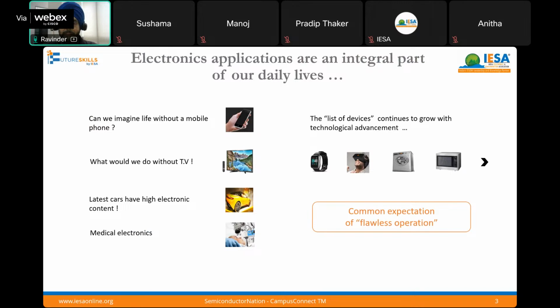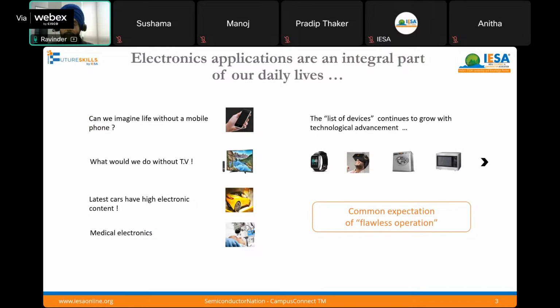Electronics applications are an integral part of our daily lives. Can we imagine ourselves without a mobile phone today? Everyone has a TV at home for entertainment.